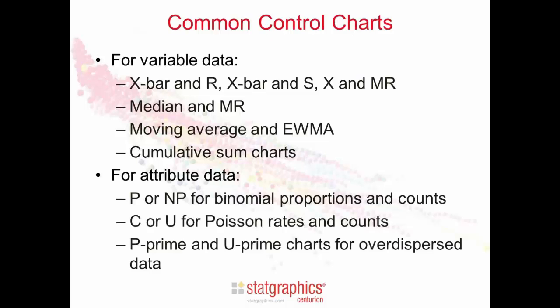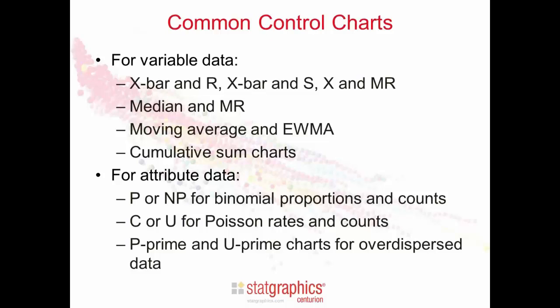Or if you're dealing with attribute data, you'll probably see P or NP charts for proportions, C and U charts for Poisson rates and counts, maybe even P prime and U prime charts for counts that are over dispersed with respect to a binomial and a Poisson process. These are not the charts we're going to be talking about today. These are the charts that I suspect you've seen many times before.